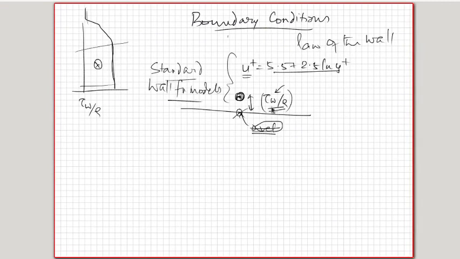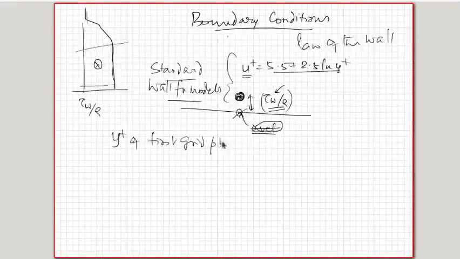What this requires is that the first grid point has to be in the buffer layer. So the y plus of the first grid point should be greater than 11.6 for this one, because this is in the two-layer model of Prandtl. When I take the laminar sublayer and buffer layer and equate these two, I get it at 11.6.